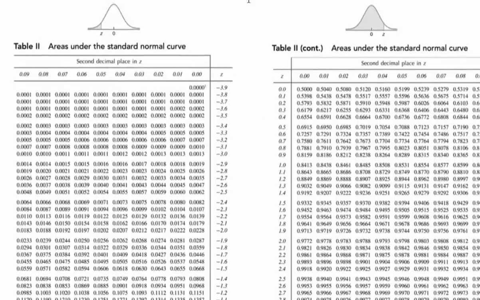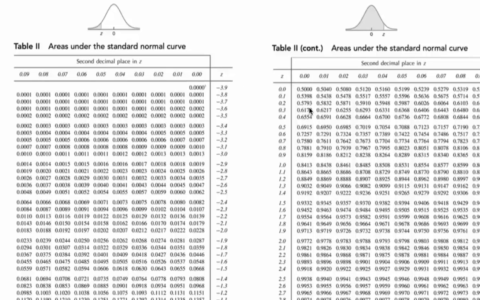So the way the table works is the table always gives areas to the left. Okay? It always gives areas to the left. So this left half of the table shows that you're going to start with a z-score, and the table is going to tell you how much area lies to the left of that z-score. And this side of the table is for z-scores that are negative, z-scores that are less than 0.